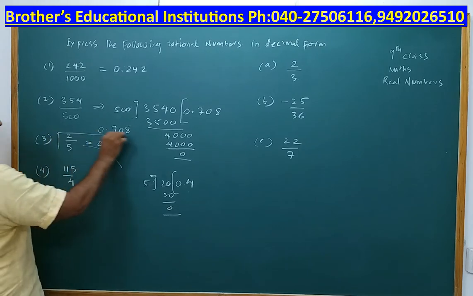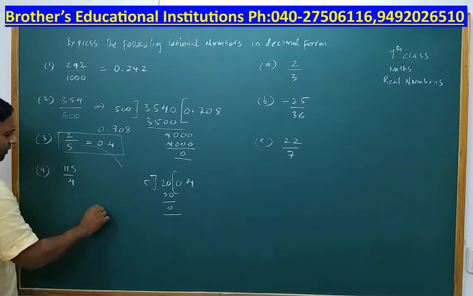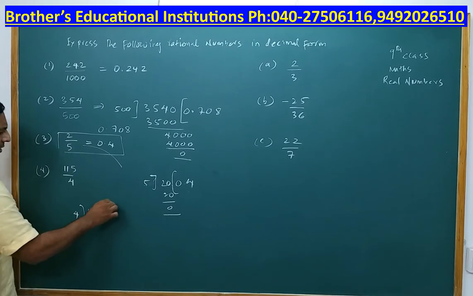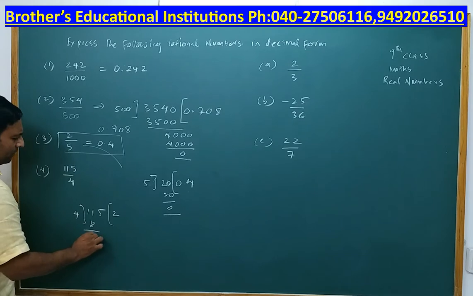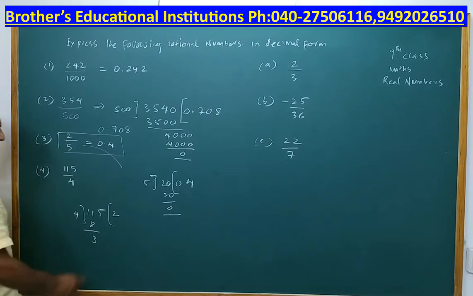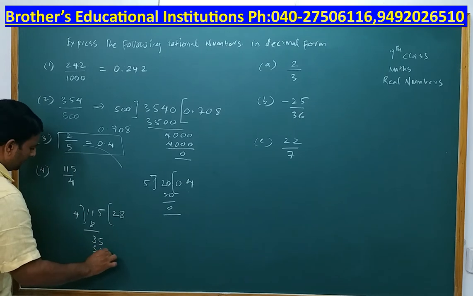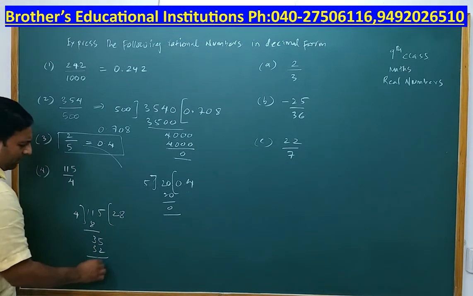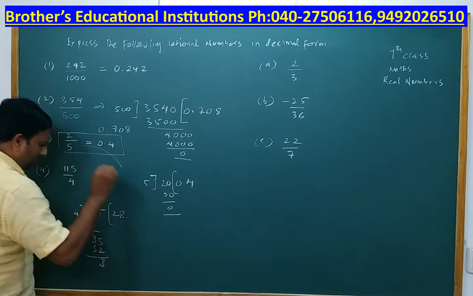Alright. Now how do you divide 115 by 4? A normal division, 115 divided by 4. In 11, you write 4 2s are 8. 3 is the remainder. 5 you will write here. 4 8s are 32. Now again what is left over? 3. 3 cannot go, so you will introduce point.